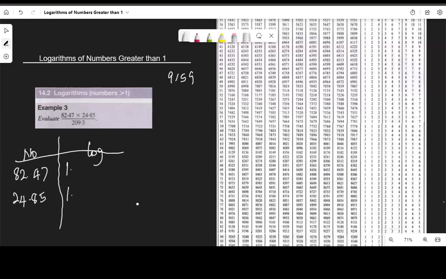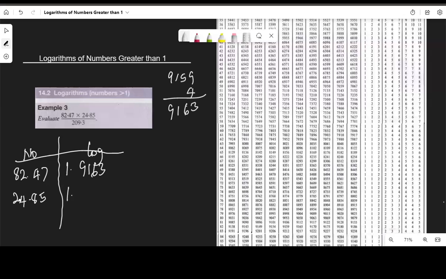Difference of 7 is 4. Add the 4 to the logarithm. 9 plus 4 is 13. 1 plus 5 is 6. So 9163.